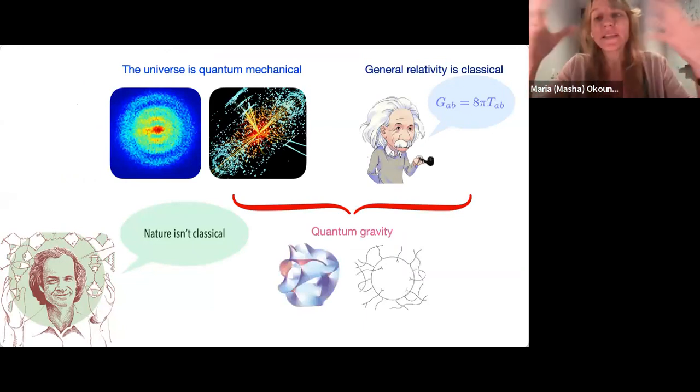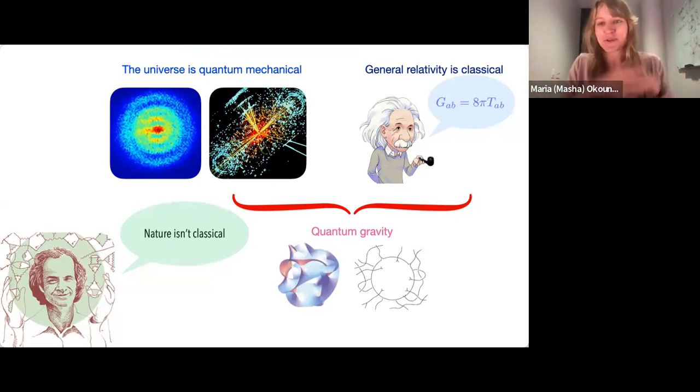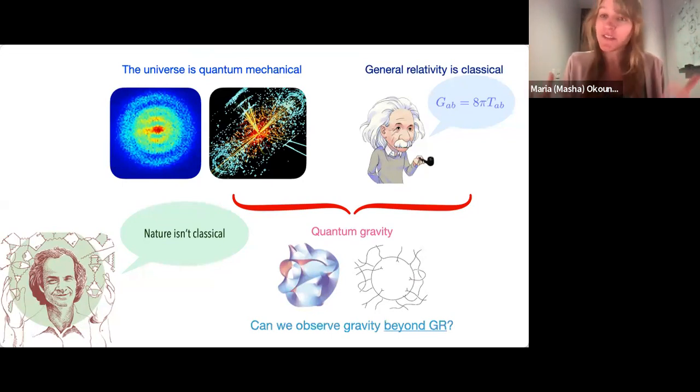And so there's this really big question in modern science of having a theory of quantum gravity that combines the fact that the universe is quantum mechanical with a theory of gravitation. This brings us to quantum gravity, which includes theories like string theory and loop quantum gravity. One of the main questions we have is, can we observe gravity beyond general relativity?